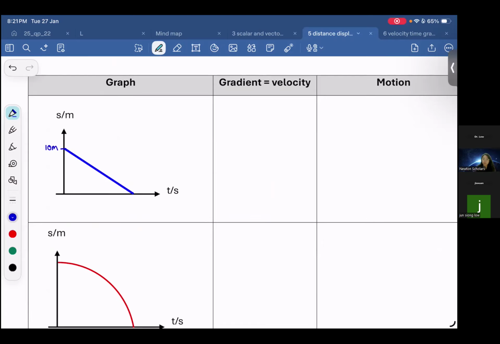At the end, from time to time, it comes back to here. This one becomes 0 meter. What does it mean? It means moving backwards. Object moving backwards, moving back to the original position. Okay, but here, can you tell me what is the gradient here? Zero gradient, constant gradient, increasing gradient, or decreasing gradient?